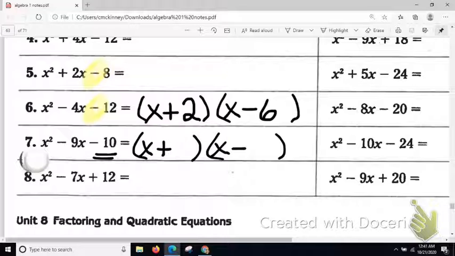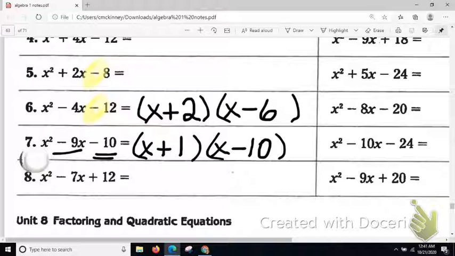Same thing. So 10 and 1. And if that stumped you a little bit, when it's the number 1, for whatever reason, that seems to be the one that throws people. Now think about which one would go with the positive. The 1 would go with the positive. The 10 is the bigger number. It needs to go with the negative because this is a negative 9 in the middle.